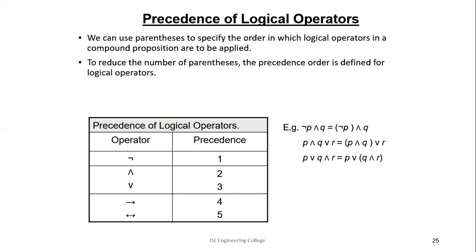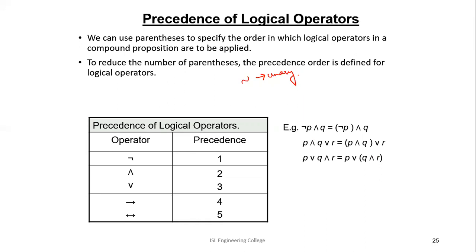Now the next topic is precedence of logical operators. For the precedence of logical operators, you have to understand that every time we are finding the truth values for a proposition, we generally construct compound propositions using both negation operators and the logical operators. So if you remember, I've already mentioned that the negation operator is a unary operator, and the logical operators are binary, that is, at minimum they require two propositions.